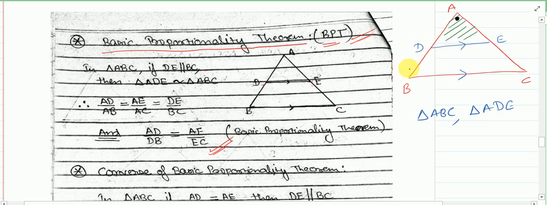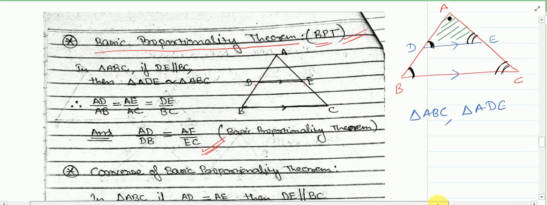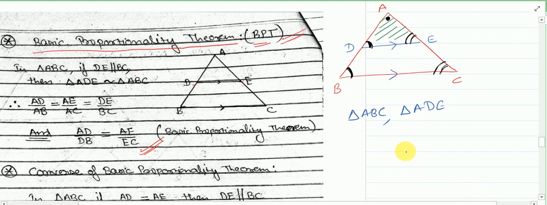And then since this DE is parallel to BC, this angle and this angle are corresponding angles, you know, and this angle will be equal to this angle, okay, corresponding angles. So what do you observe?